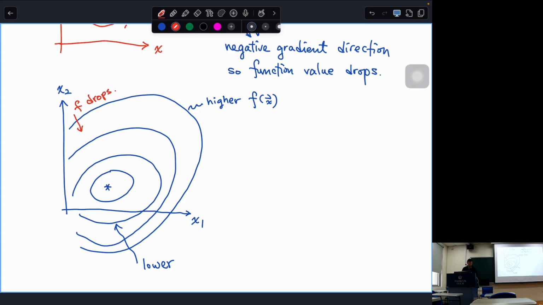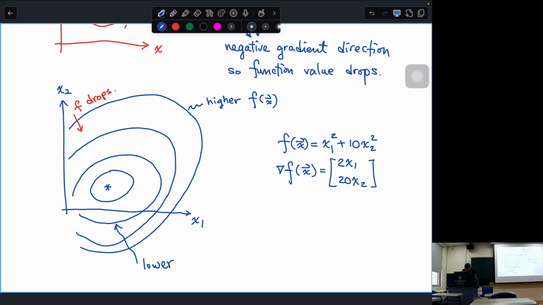If you want the proof, I can show you. For example, if I have f of x equals x1 squared plus 10 x2 squared, then the gradient vector would look like 2x1 plus 20x2.